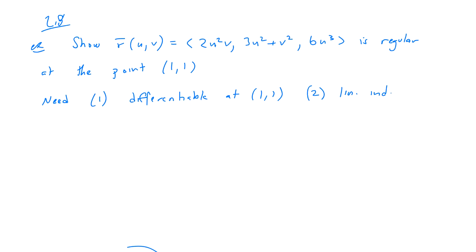So it's differentiable in terms of u and in terms of v, and the two partial derivatives are linearly independent. In some ways, we haven't done this very much, but I like to put it on the test, because it's a pretty straightforward one.